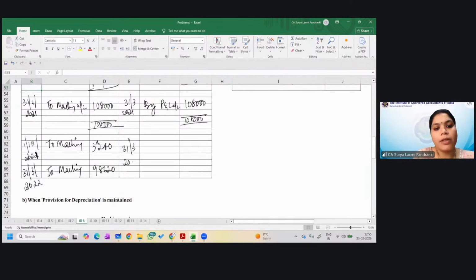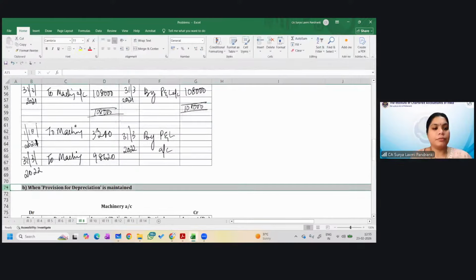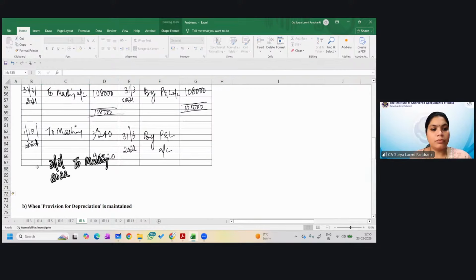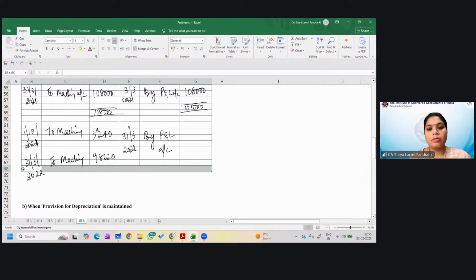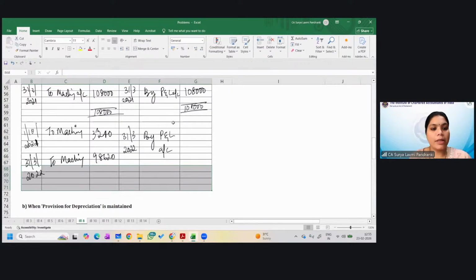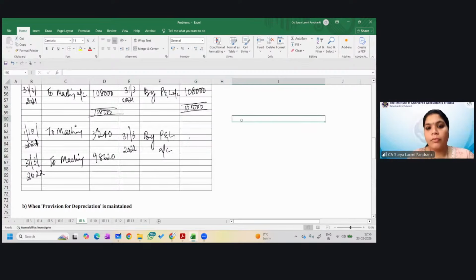So on 31st March 2022, by P&L account, how much is transferred? How much is transferred to P&L statement? Total. This 3240 is for the sold machinery and 98620 is for the old and the new one, both together. So to P&L statement, 101860. Okay.